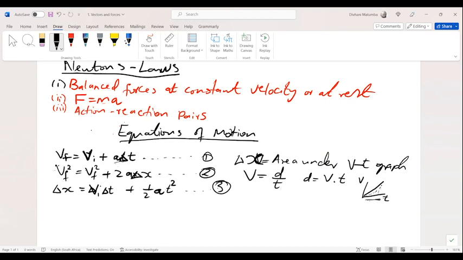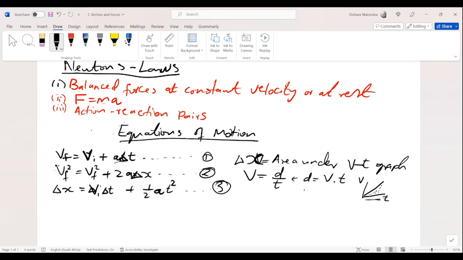But if it's a triangular profile, then it will be length times breadth multiplied by 1/2. That will give you the area. As a result, if you rearrange that equation, you will get velocity equals distance over time.